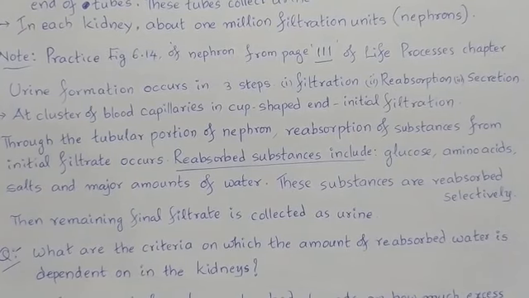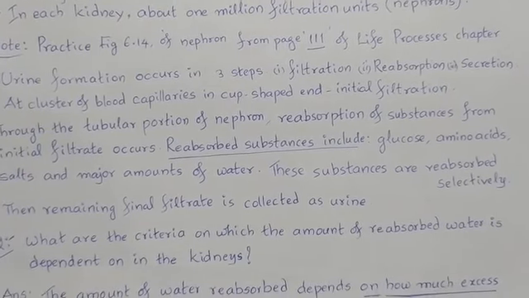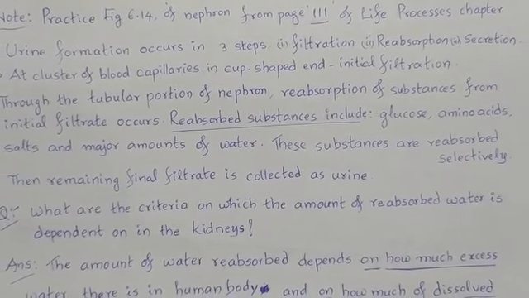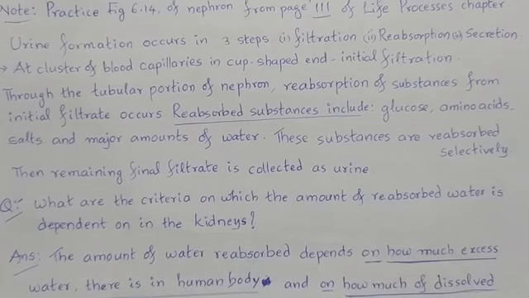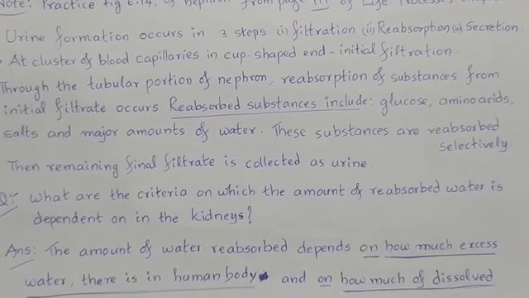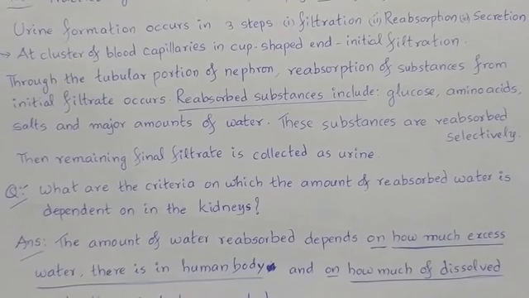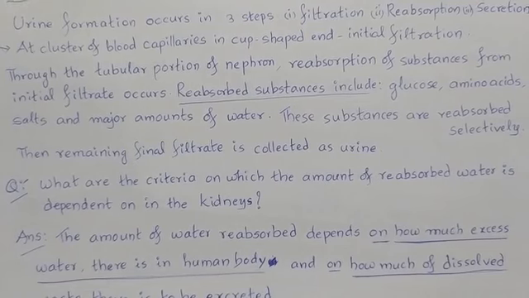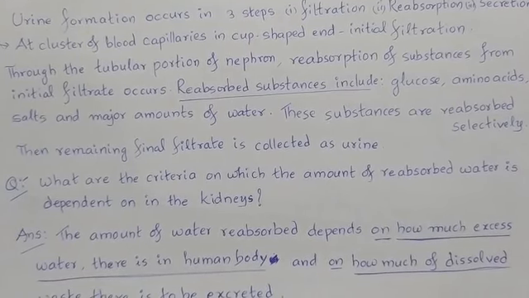Urine formation occurs in 3 steps. They are filtration, reabsorption, and secretion. At the cluster of blood capillaries in the cup-shaped end, initial filtration is carried out. Through the tubular portion of the nephron, reabsorption of substances from the initial filtrate occurs.